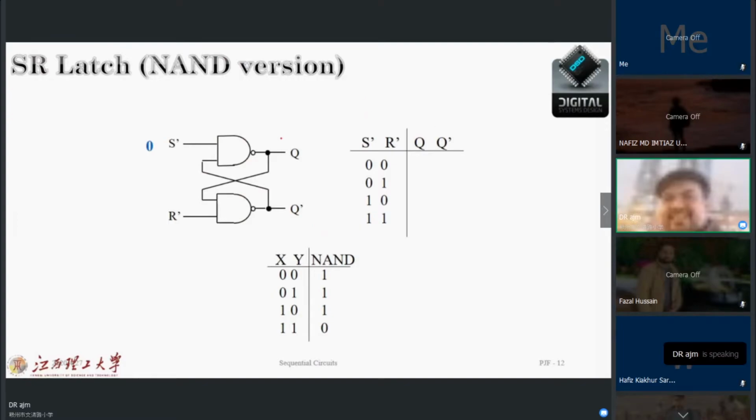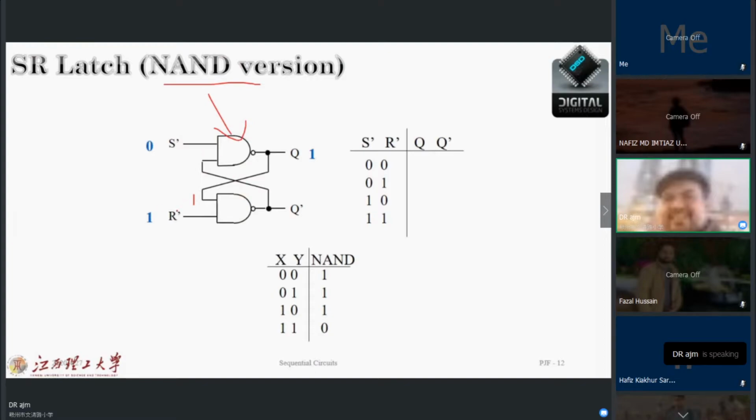Suppose S is 0 and R is 1, but now the construction is based on NAND, not NOR. I assume that Q is 1, then 1 will come here. Now first I should calculate Q prime to use it here.